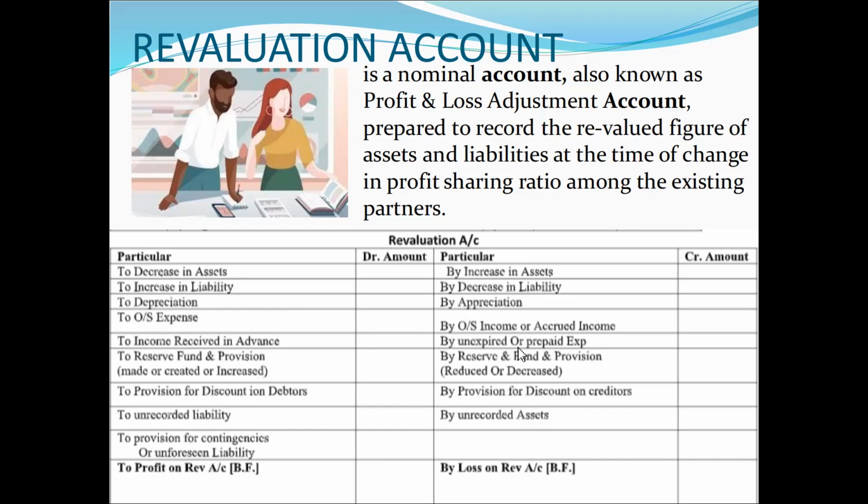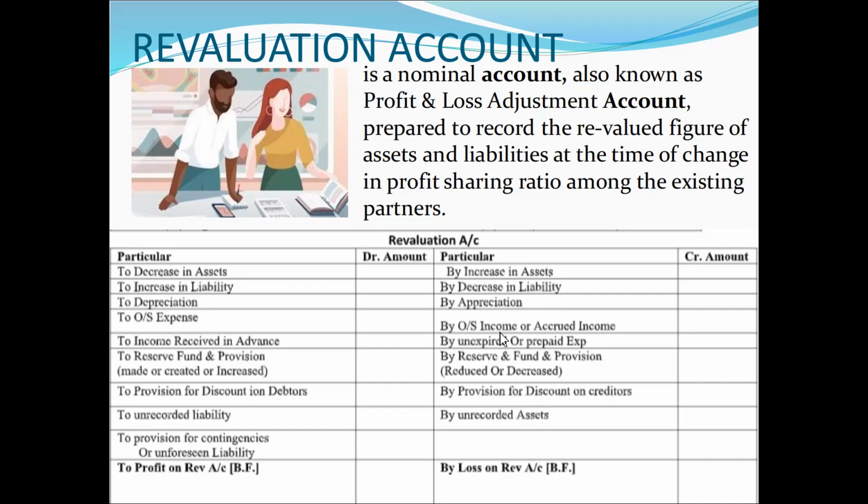unexpected liability. So what are the credit items? Credit items are increase in asset, decrease in liability. Appreciation means increasing value, boosting up value.